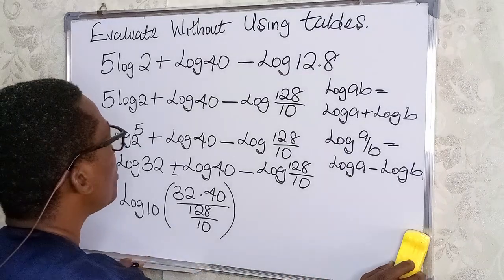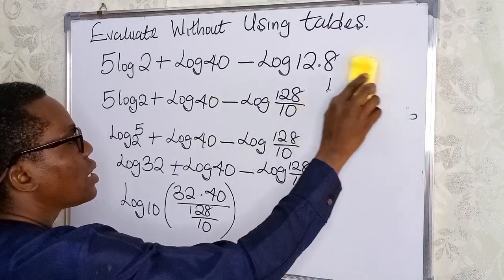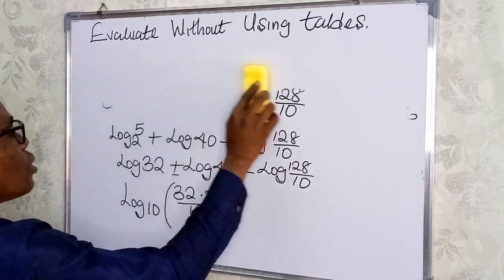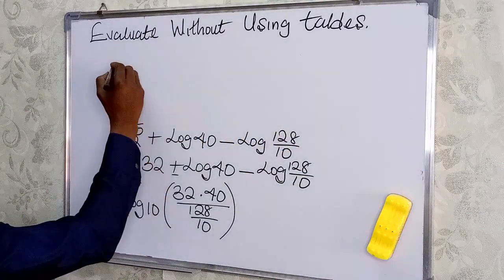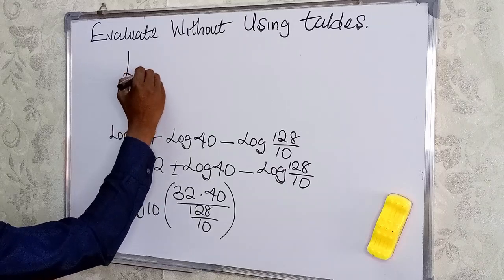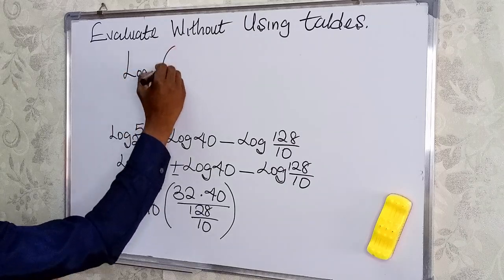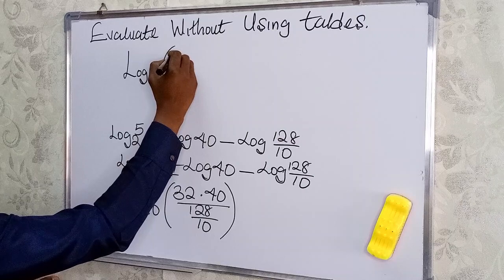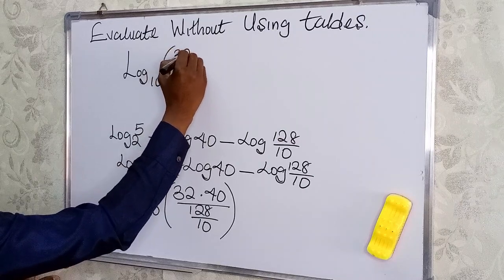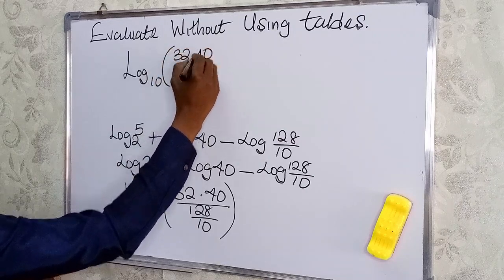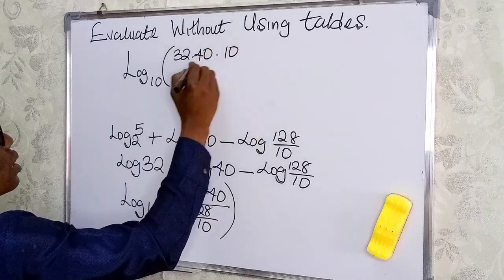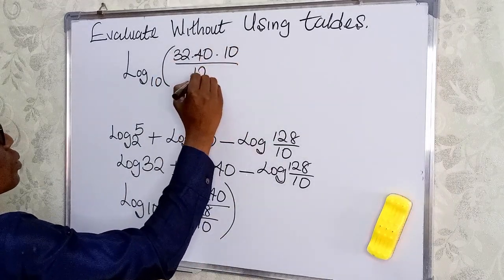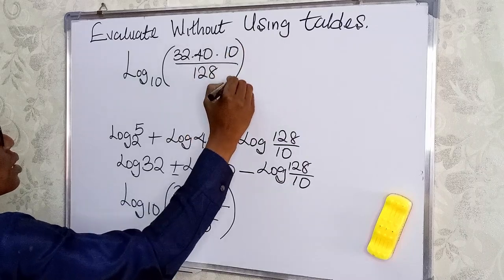Now let's simplify that. The whole equation will now give us log base 10 of 32 multiplied by 40, and because this is the denominator, the 10 comes up to become a multiplier, and this whole thing is divided by 128. Great.